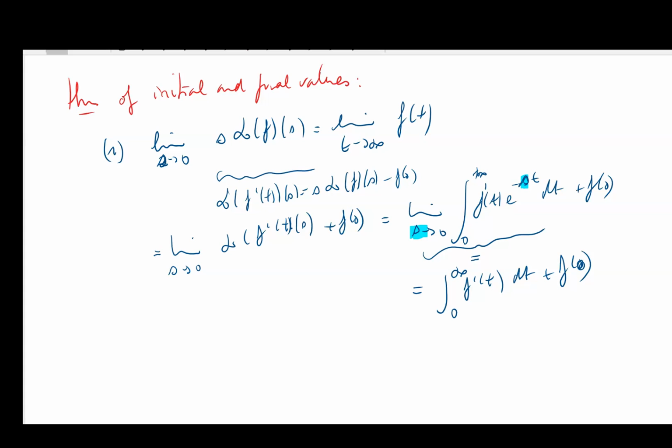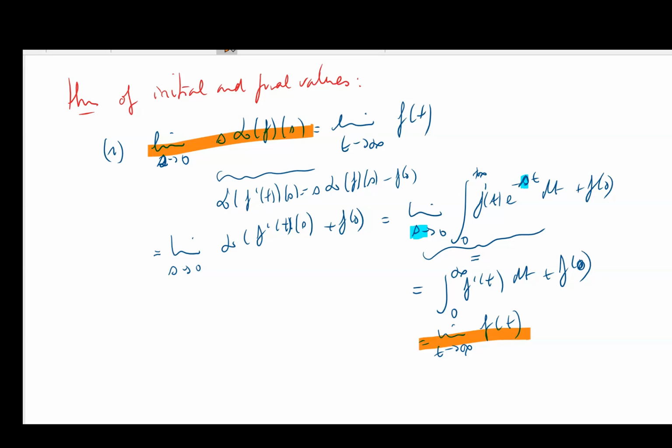Okay, I've exchanged the limit and integration because, again, we took all the assumptions needed in order for that to work, and this is just exactly equal to the limit as t tends to infinity of f of t minus f of 0 plus f of 0. Okay, so this is our initial and final value theorem. The limit of s times L as s tends to 0 is the limit of the function at infinity.